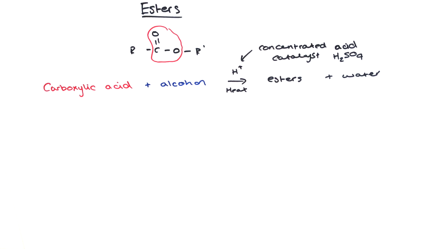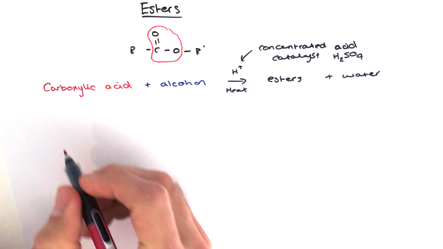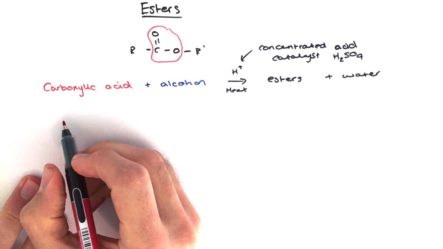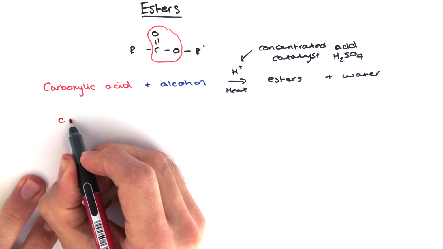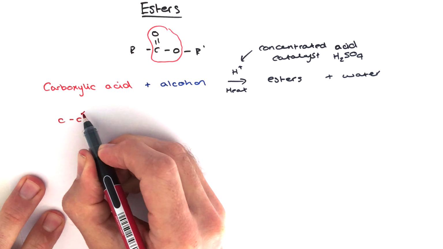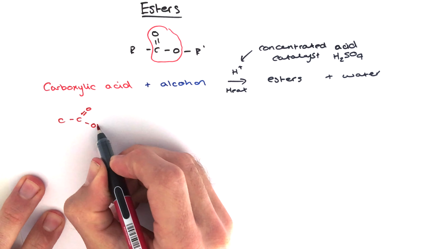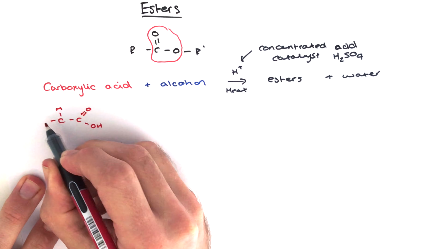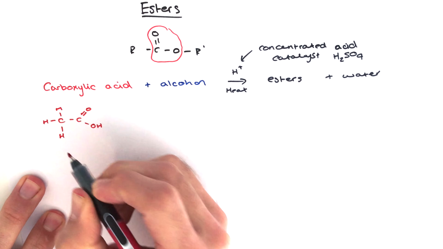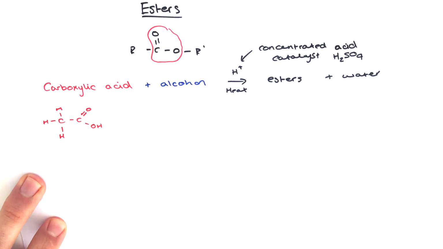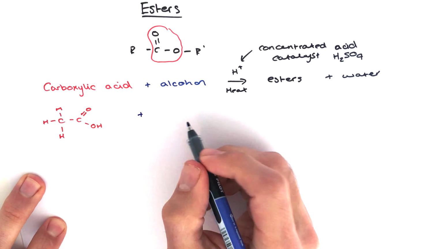Now let's have a look at how you would draw different esters out. So we'll look at it as part of an equation to start with. So the first carboxylic acid I'll draw is ethanoic acid, which you should know about from looking at the carboxylic acids work. I'll draw an alcohol, and I'll draw methanol as my alcohol.